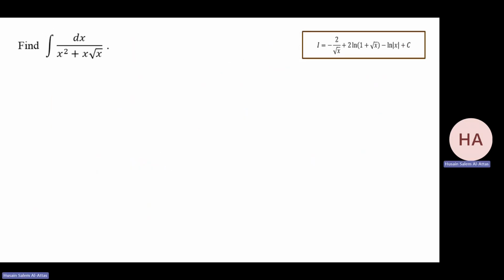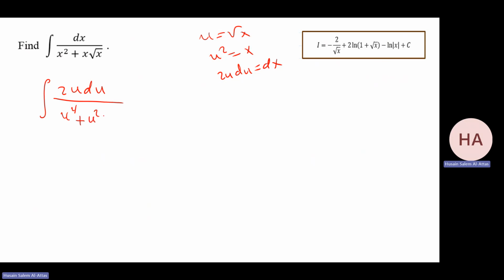Yeah, I'll try to do this quickly. Same idea. u is square root of x, u squared equal x. Also, if we do it with du, we'll get the same thing, but that will make it easier. You have 2u du. This is x squared. x squared will be what? u to the power 4. x, which is u squared times u.